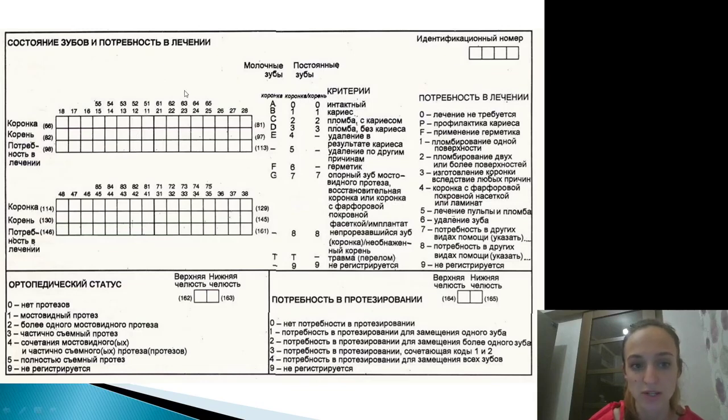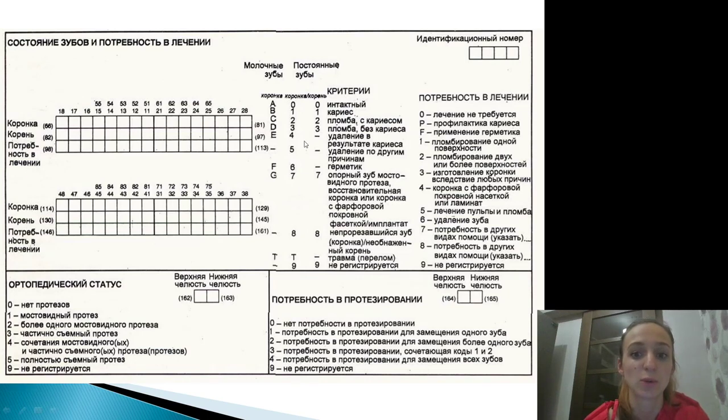Here you can see special tables for teeth. And you write here all teeth that the patient has, and near the number of the tooth, you should write the diagnosis. For example, if it is caries, you should write letter C. If it is, for example, periodontitis, you should write letter P. Here we write different diagnoses.